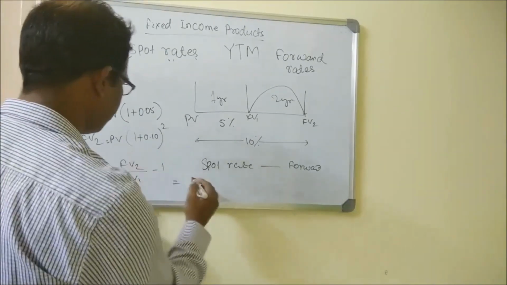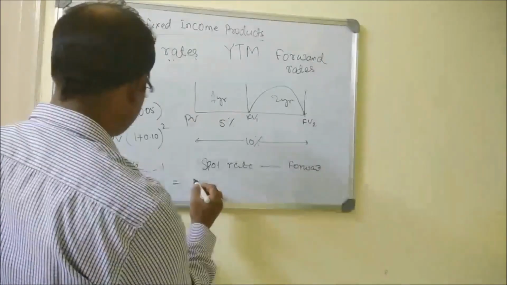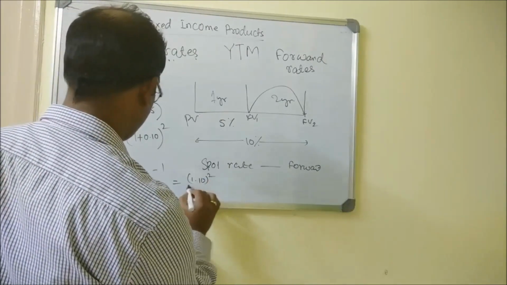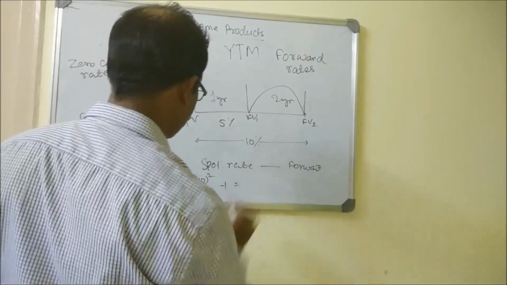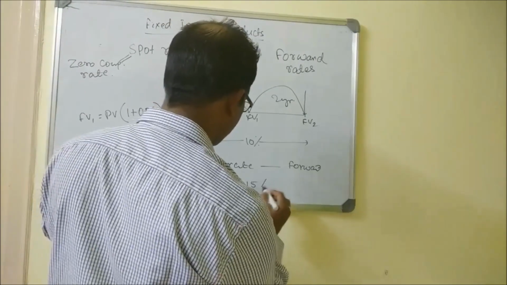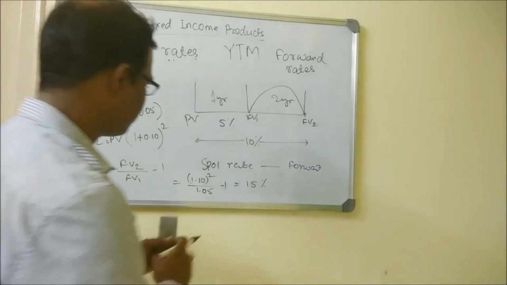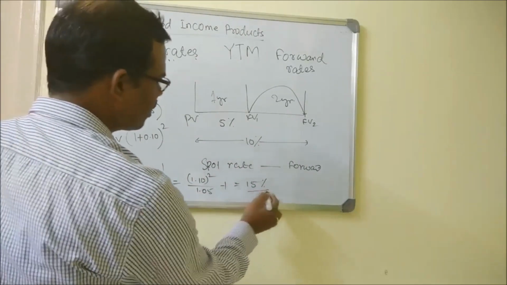FP2 is 1.10 square divided by 1.05 minus 1, which you can calculate, will come around 15%. The forward rate will come around 15%.